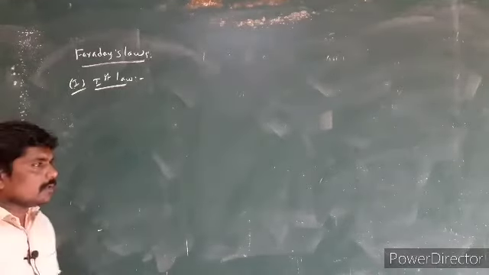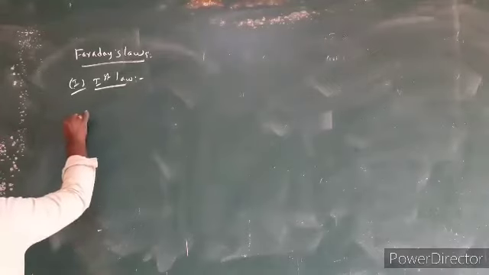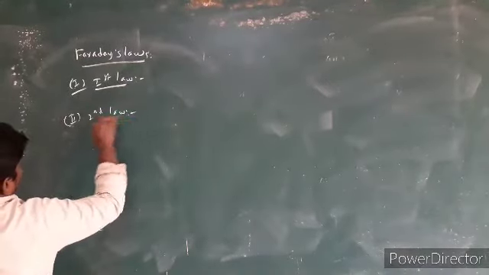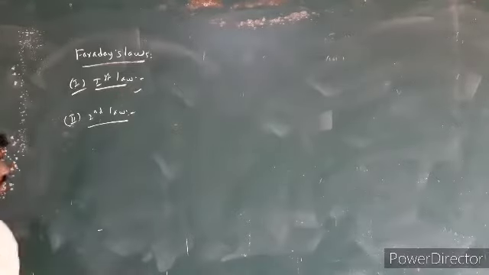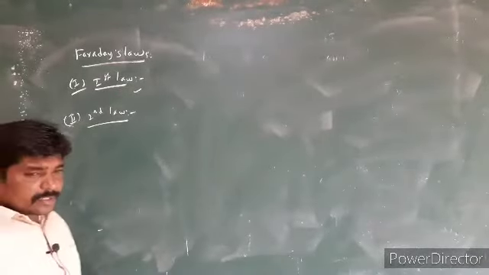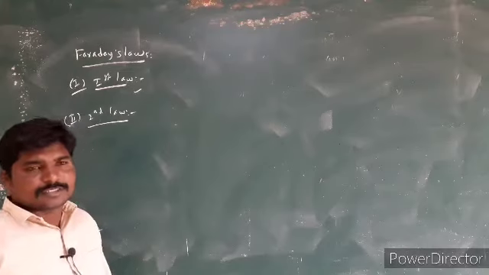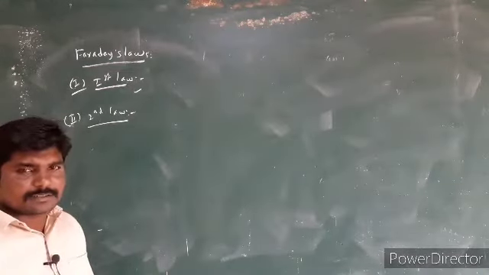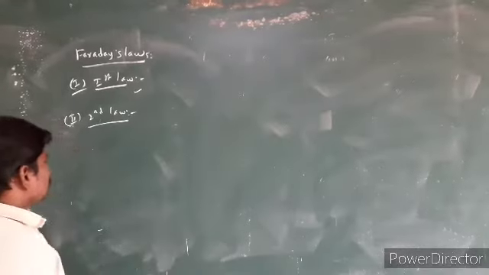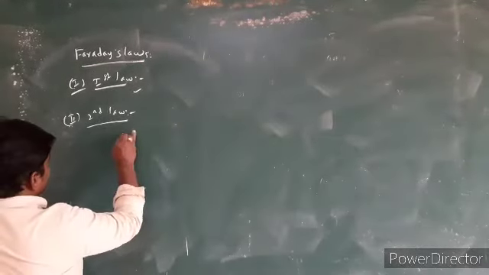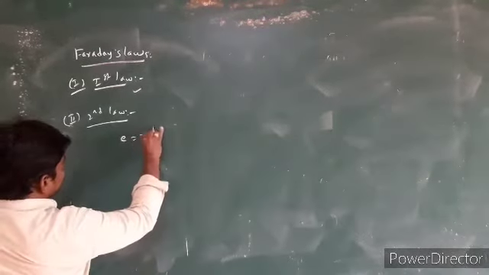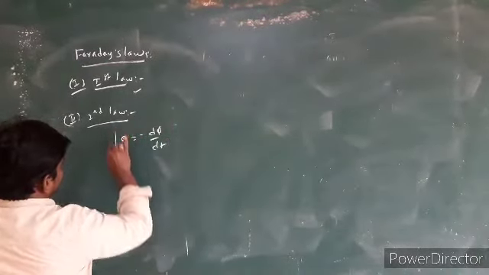Now Faraday's second law. According to the first law, when the magnetic flux or the magnetic field linked with the coil changes, current is induced in the coil, EMF is induced, and the resultant current is induced in the coil. Now, from Faraday's second law, the magnitude of the induced EMF is equal to the negative rate of change of flux.